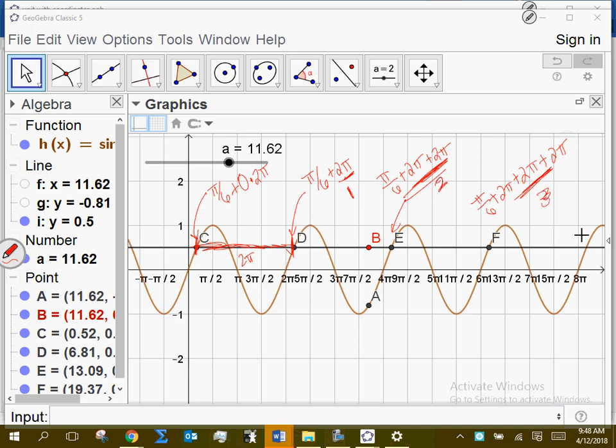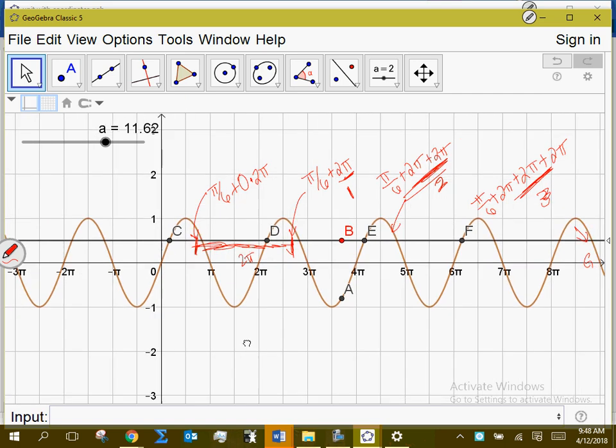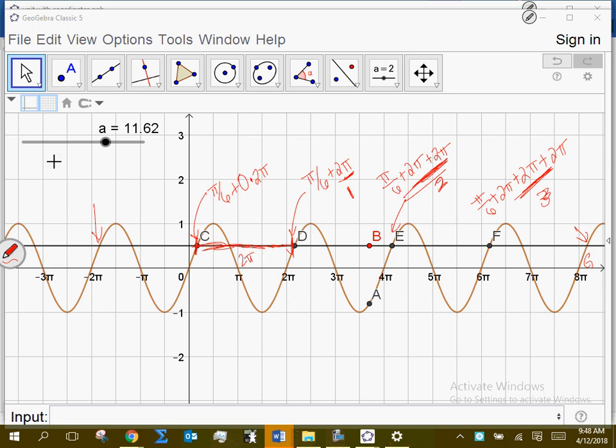If I want to find this one right here, point G, how many would you think I add? 4. What if I wanted to find the one right there? Yeah, that's going to be pi over 6 plus negative 1 times 2 pi.